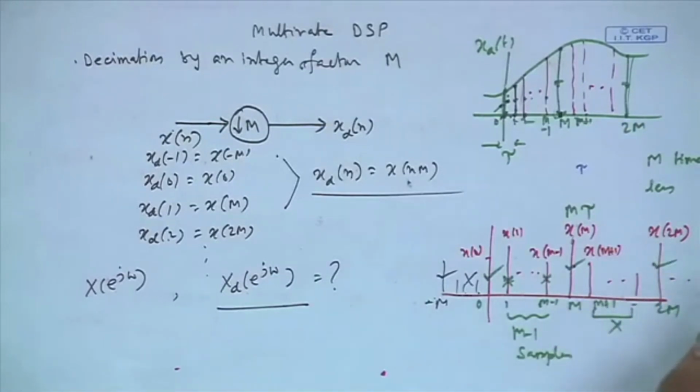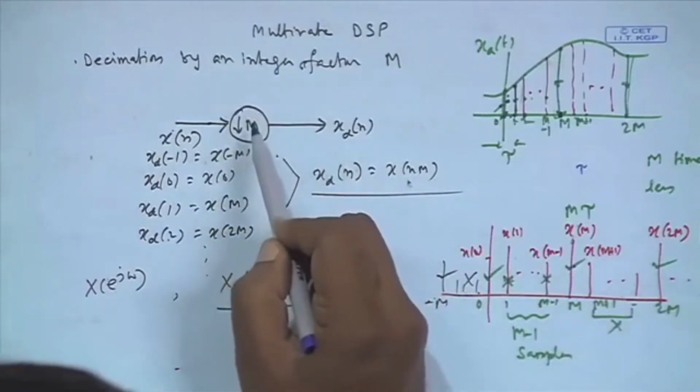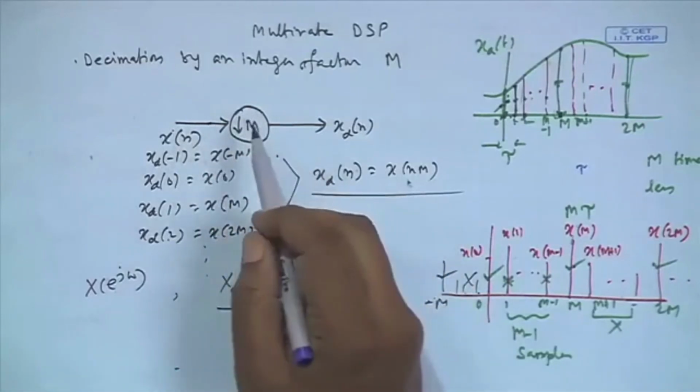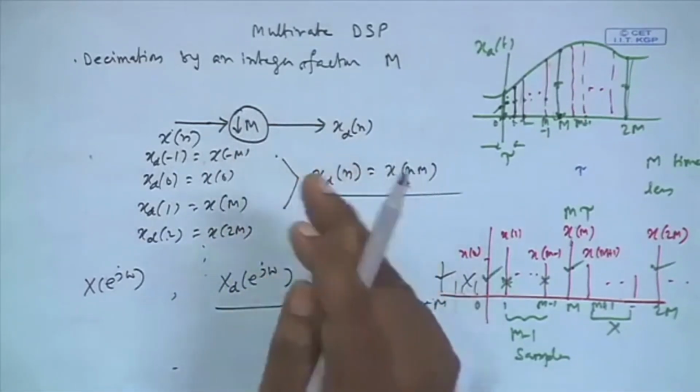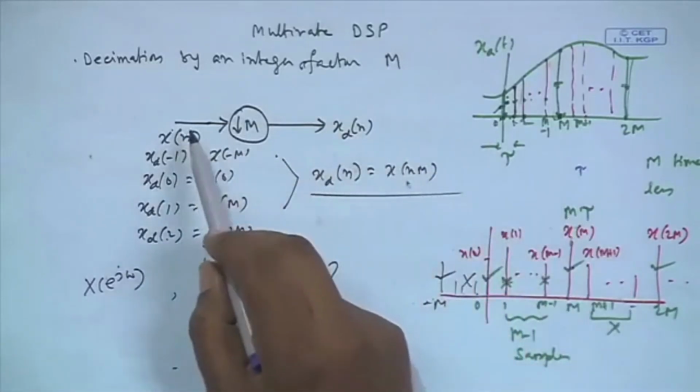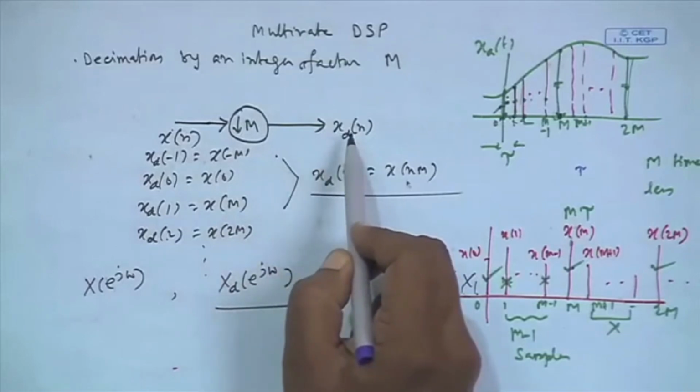Then this sequence will be called the sequence decimated by a factor M, and this is called a decimator. M is an integer, M minimum value is 2, because there is no point in decimating by 1, that is you get back the same x[n], tau remains tau. Okay. So, x[n] decimated, you get xd[n].